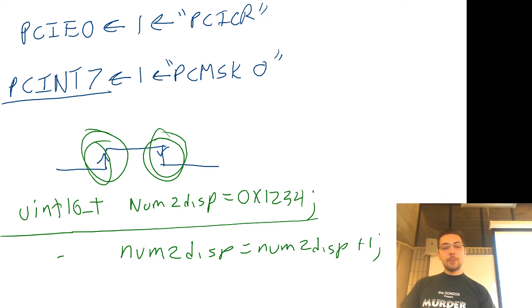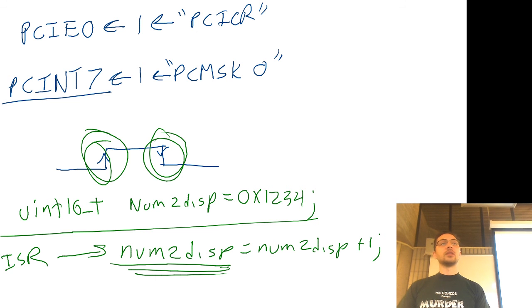Because this is going to happen in an ISR, and this is on the left-hand side of an assignment statement, this must be declared volatile.